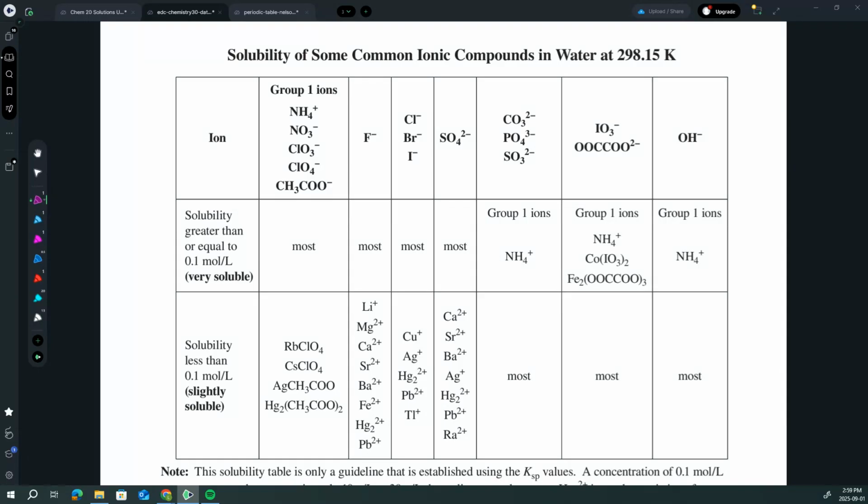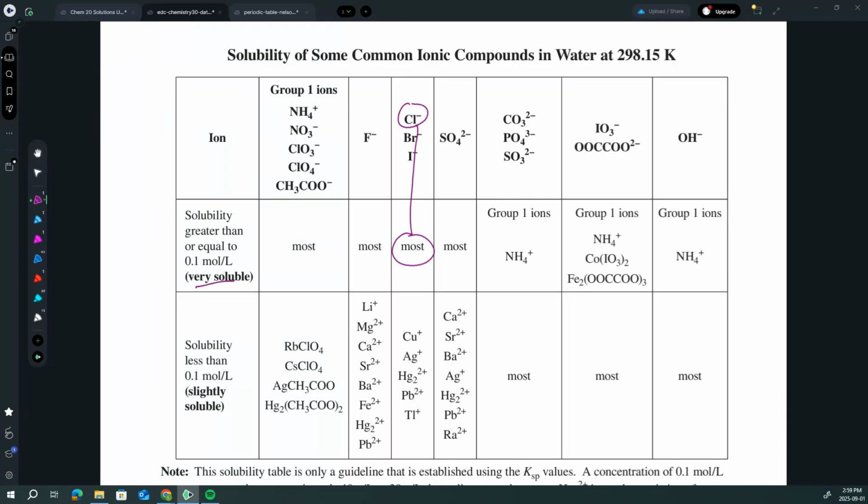As I said in a previous lesson, we want to start by first finding our anion and then our cation. Our anion, that's a negative ion. For sodium chloride, the anion is chloride. So then we trace our finger down, and most things with chloride are going to be very soluble.